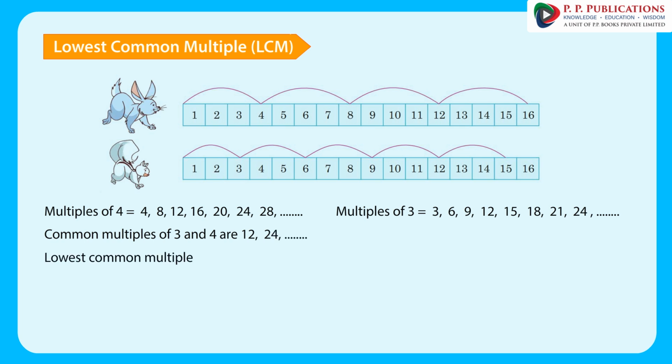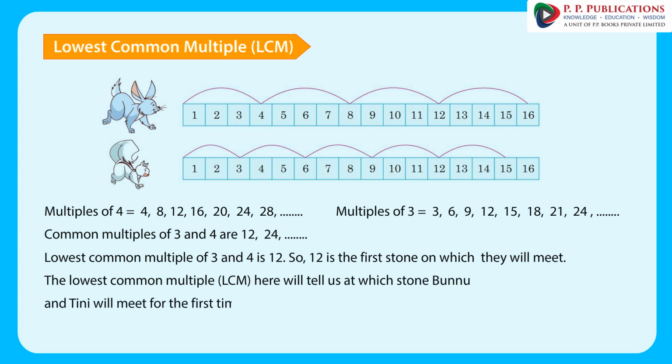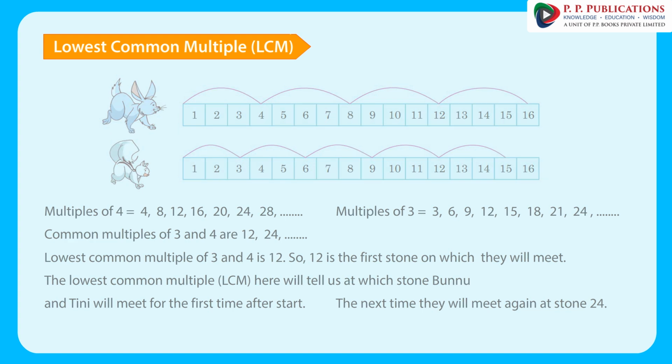Lowest common multiple of 3 and 4 is 12. So, 12 is the first stone on which they will meet. The lowest common multiple, LCM, here will tell us at which stone Tunu and Tinny will meet for the first time after start. The next time they will meet again at stone 24.